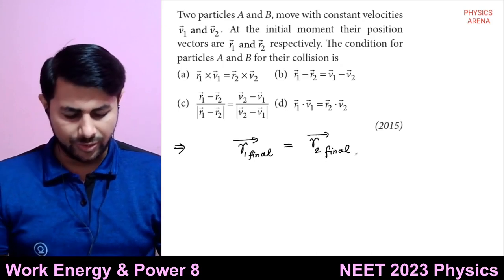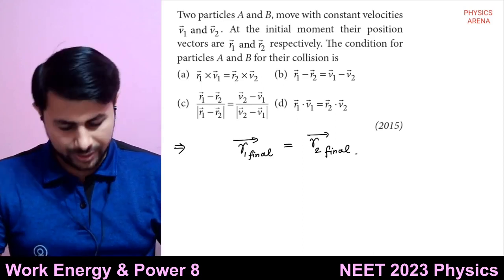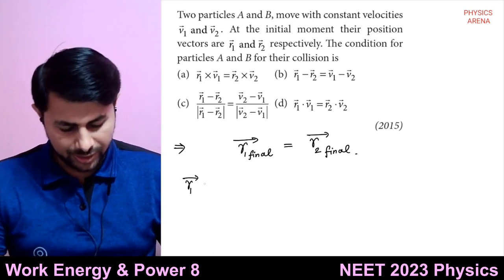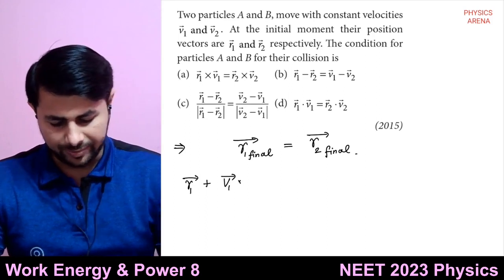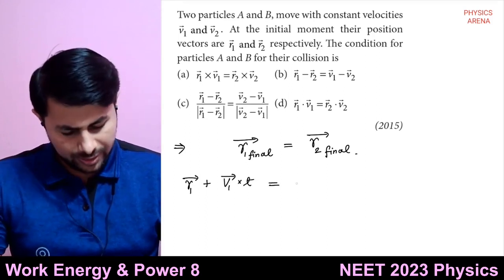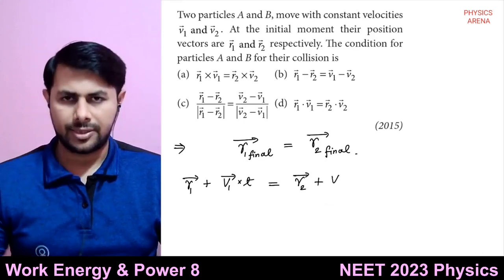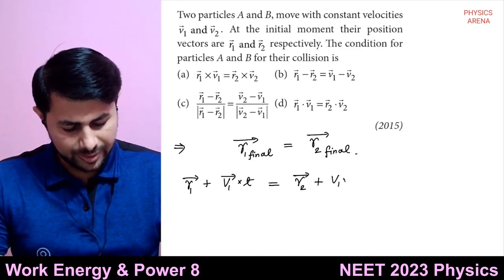So how can you write this r1 final and r2 final? So it is r1 bar, the initial position, plus velocity multiplied by time, right? And r2 final is the initial r2, that means initial position, plus velocity multiplied by time.